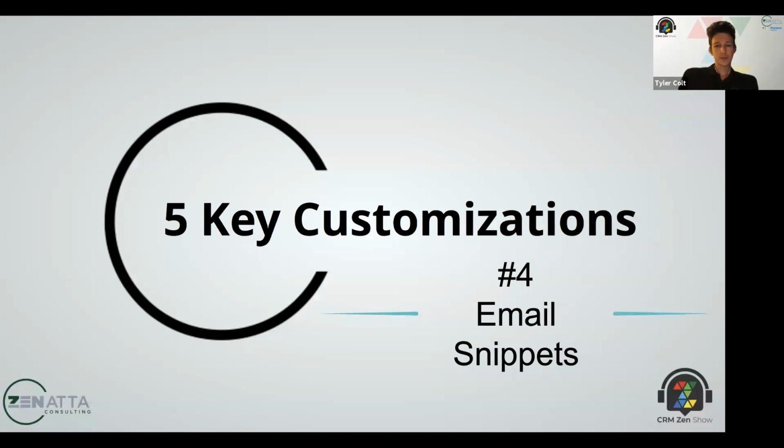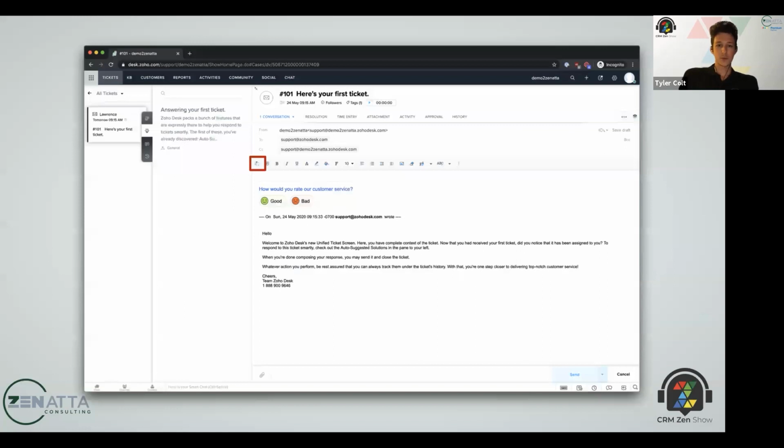And then another nice little customization, which is really easy to miss inside the CRM or inside of Desk, are email snippets. So when we're looking at a ticket here and we go to respond to the ticket, there's a tiny little button in our red box here for email snippets. And basically what an email snippet is versus something like an email template is, an email snippet can provide you a little block of text that you're going to want to drop into a wide variety of emails, right?